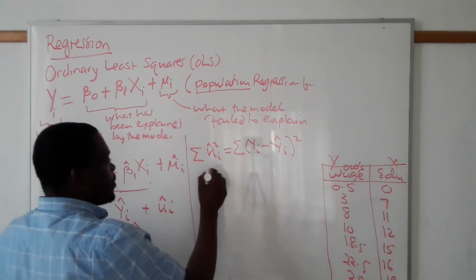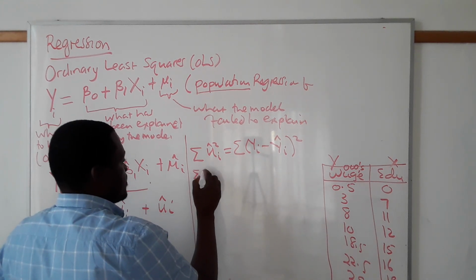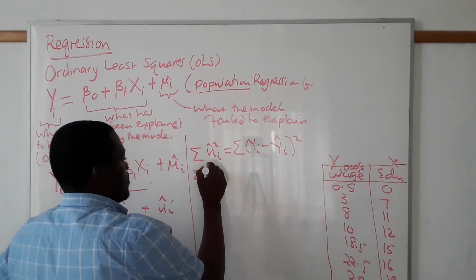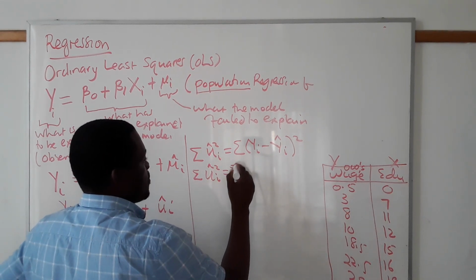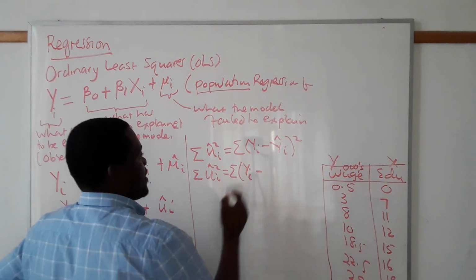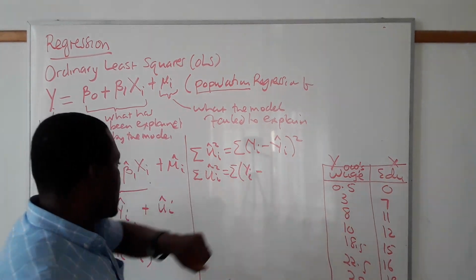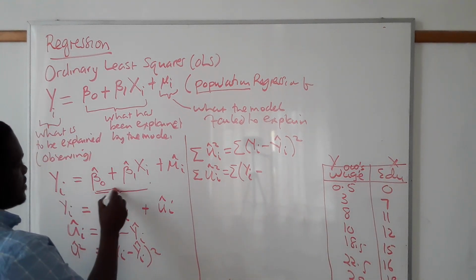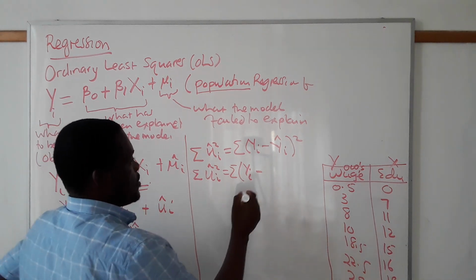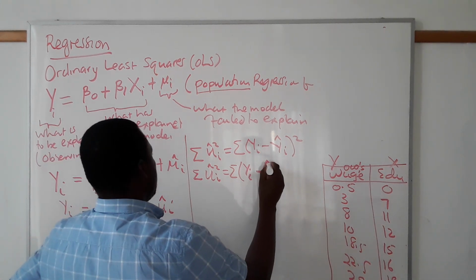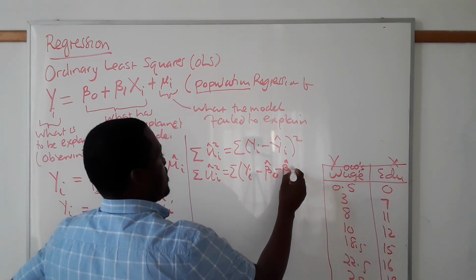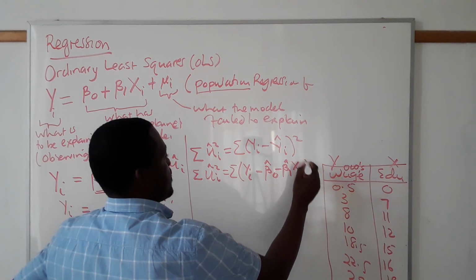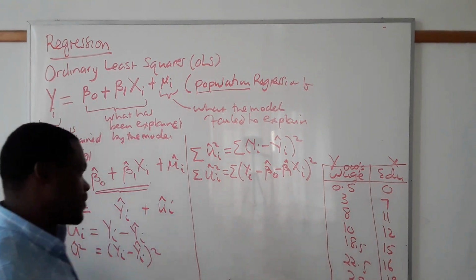So we can rewrite this as the sum of mu hat i squared is equal to the sum of yi minus, what is mu hat i? We know that it is this part here, so we can put beta 0 hat minus beta hat 1 xi, and we square it.